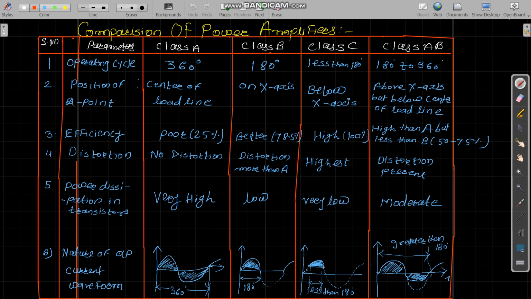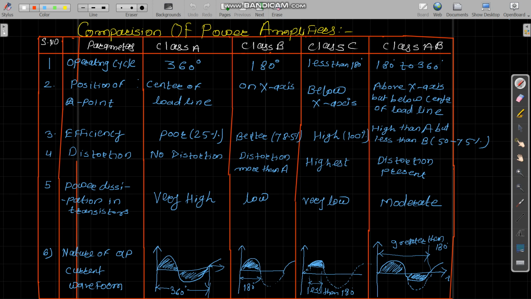And last but not least, class AB. As the name itself indicates, it is class A and B. That means the operating point you select is in between these two. This is the minimum, this is the maximum, so somewhere here we have the operating point. That means the operating point is just above the x-axis but below the center of the load line.